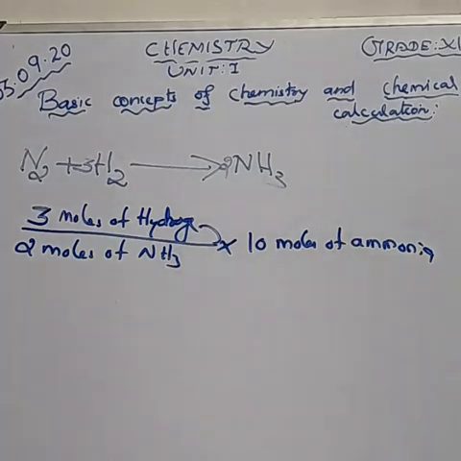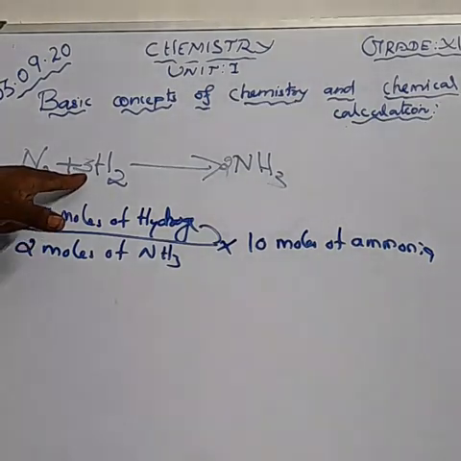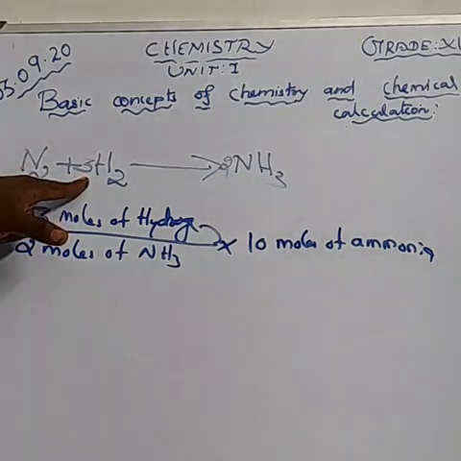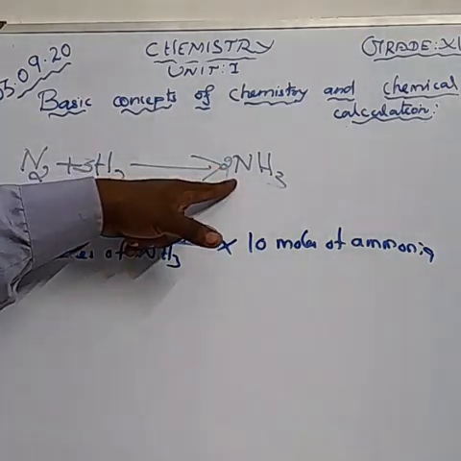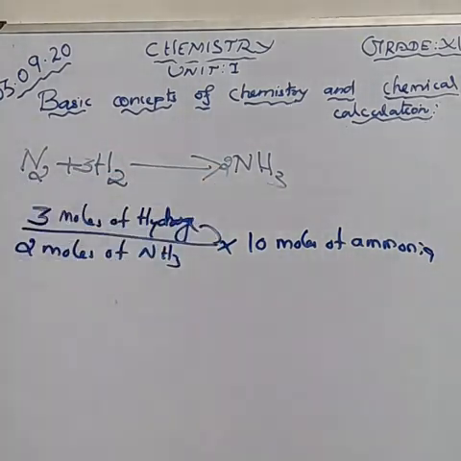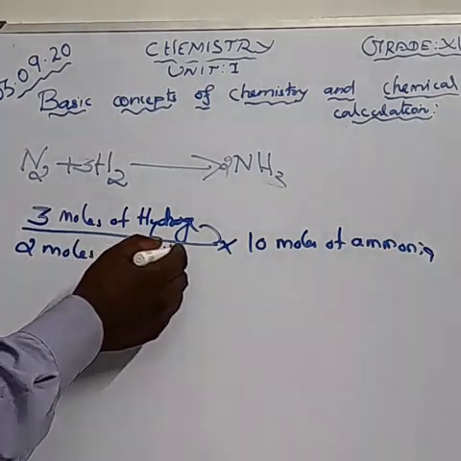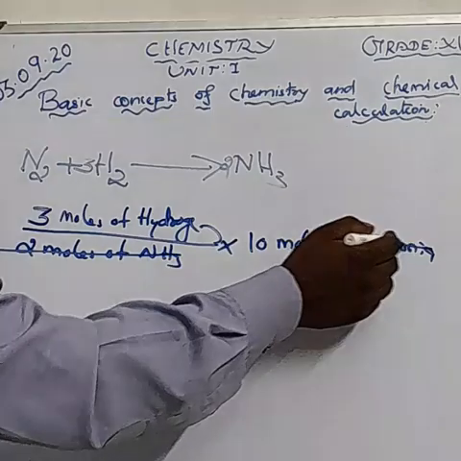First of all, you take 3 moles of hydrogen divided by 2 moles of ammonia into 10 moles of ammonia. Then you cancel the 2 moles of ammonia and 10 moles of ammonia.